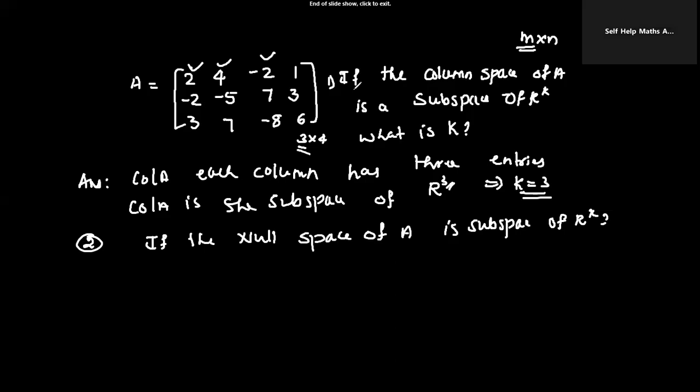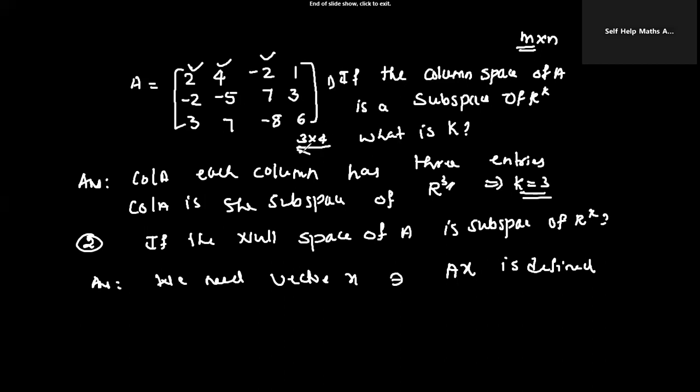To answer this question, we need a vector x such that A into x is defined. This is a 3 cross 4 matrix.